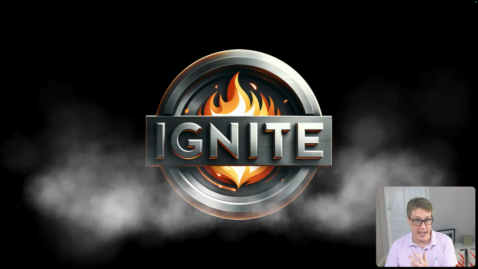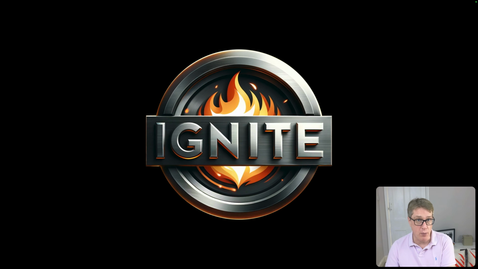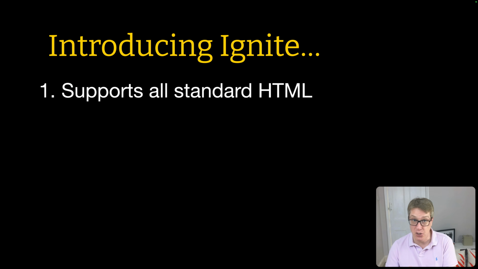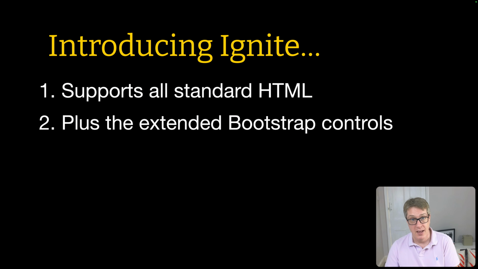It's called Ignite, and it builds on Bootstrap to provide an incredible website building experience for Swift developers. It supports all the HTML you need to build websites: text, titles, links, tables, lists, code, and more. It supports the extended range of Bootstrap controls like carousels, accordions, alerts, and more.